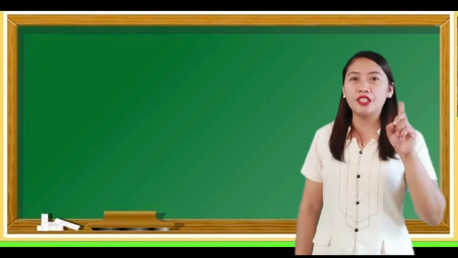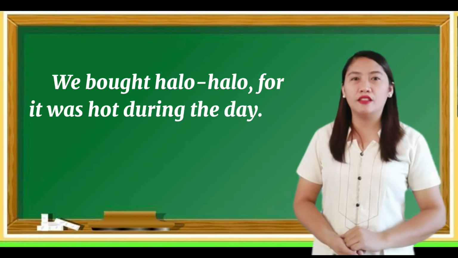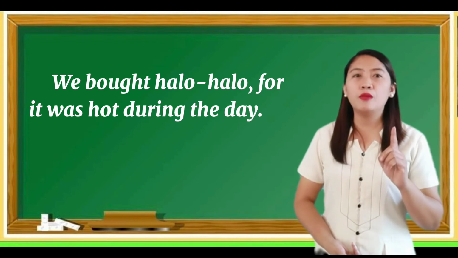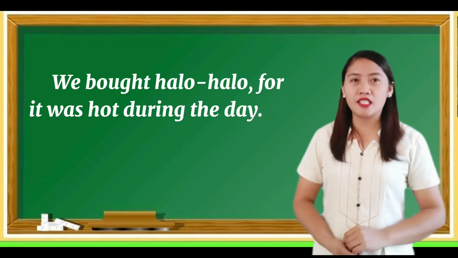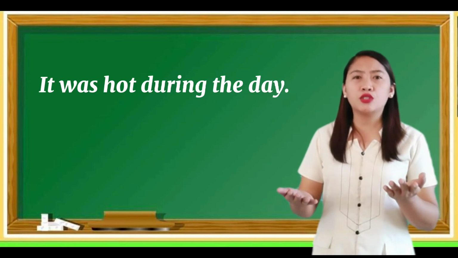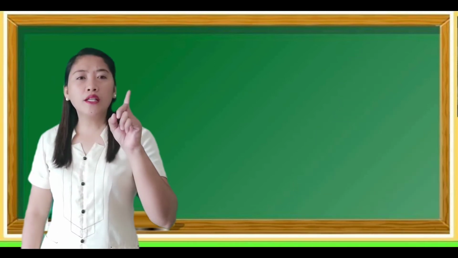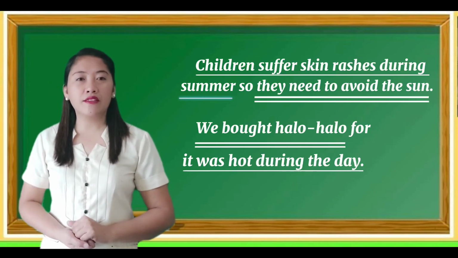Let's try another sentence. We bought halo-halo, for it was hot during the day. What is the problem? Yes, it was hot during the day. What is the solution? We bought halo-halo. What have you noticed from the given sentences?